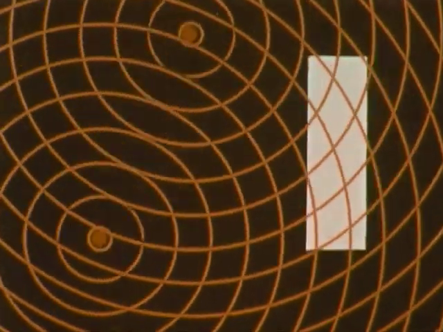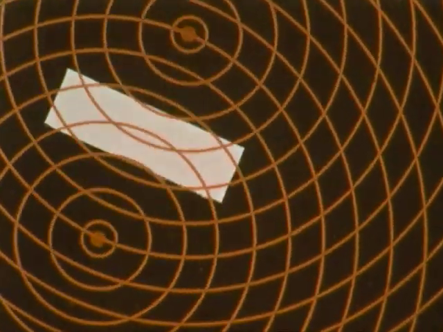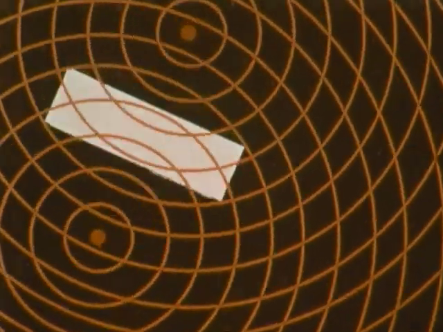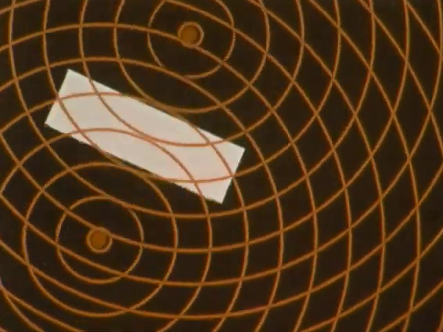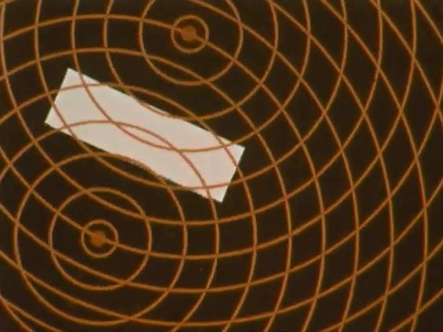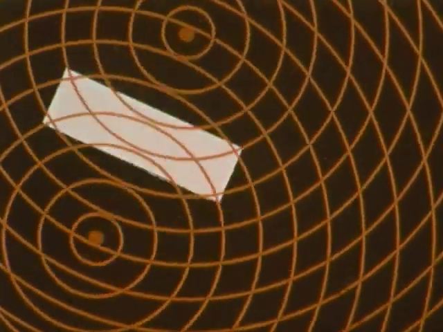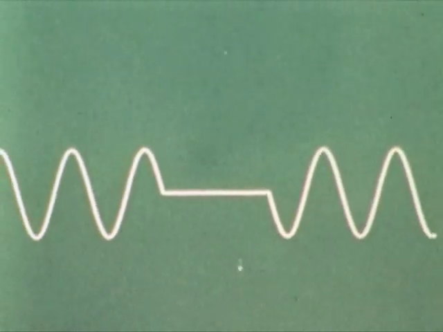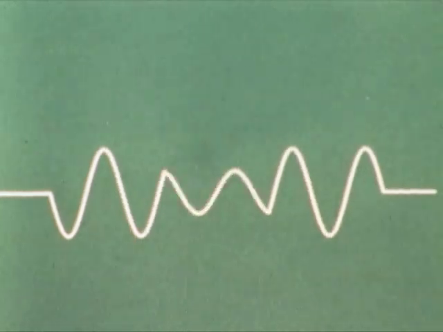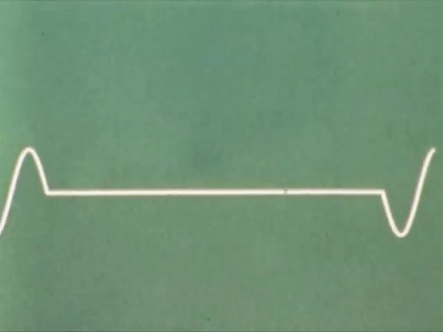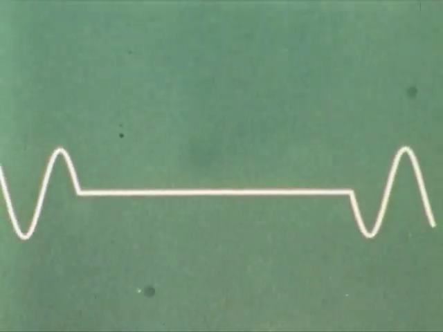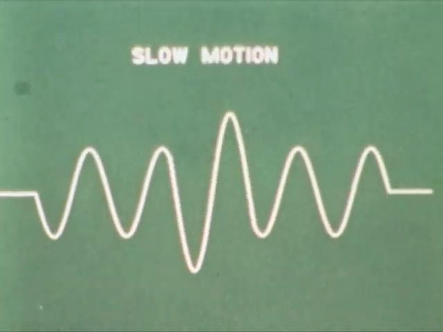What would happen if the emulsion had been here, between the source and the object? In this case, the interference produces what is known as a standing wave pattern. These are standing waves.